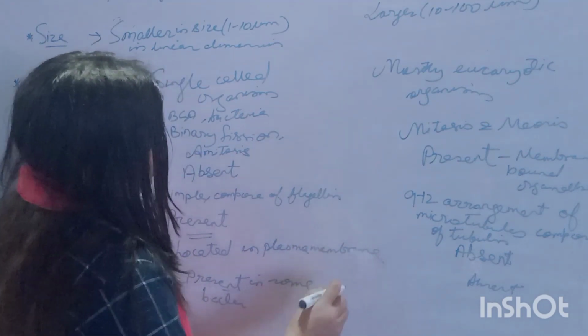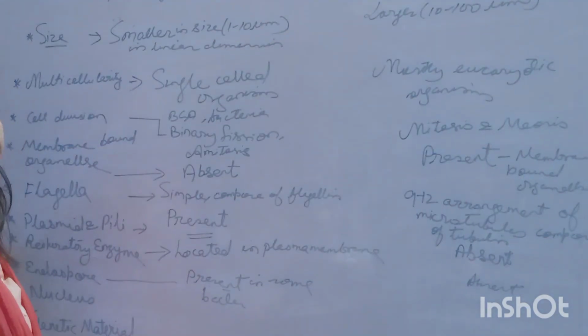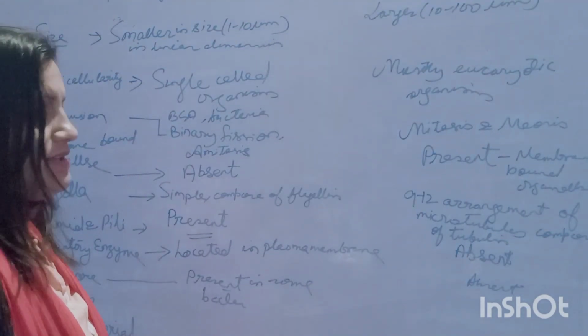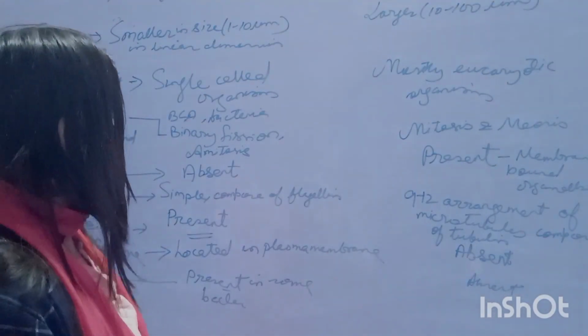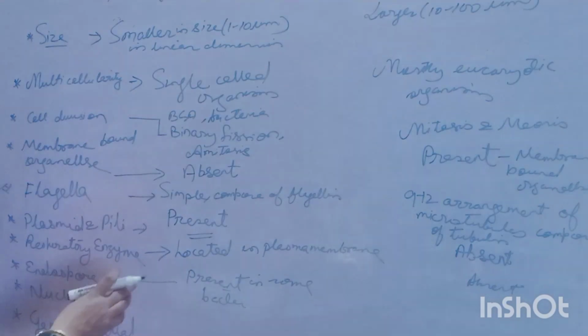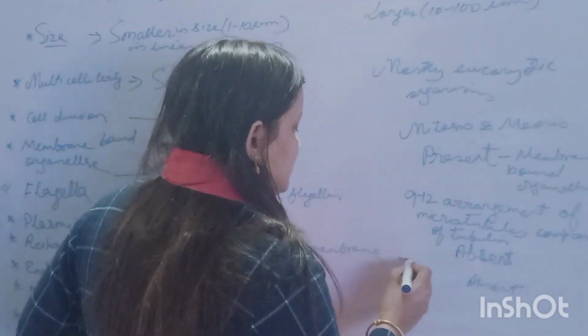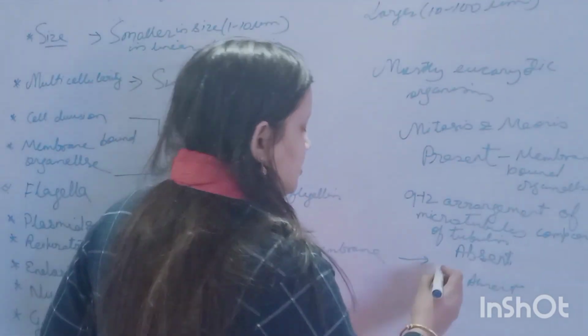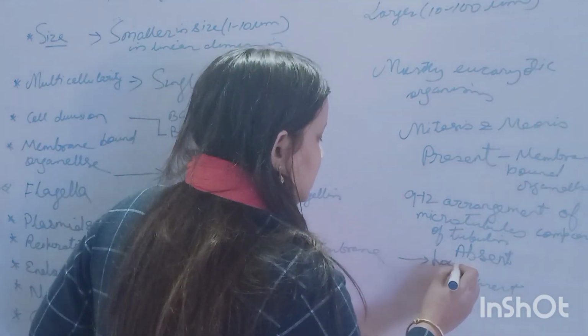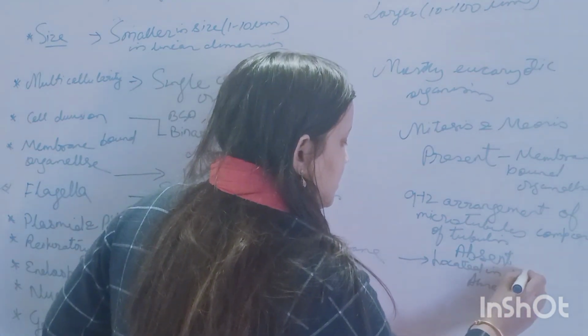In eukaryotic cell, the respiratory enzymes are located in mitochondria, which are in the cytoplasm.